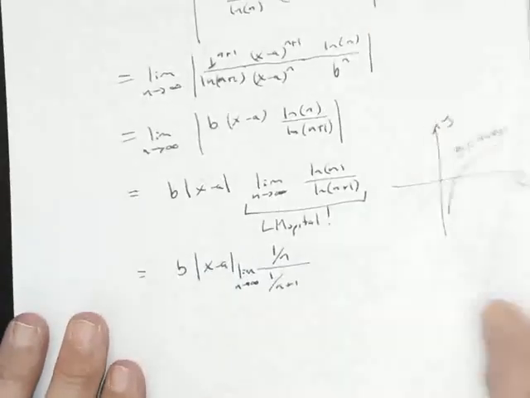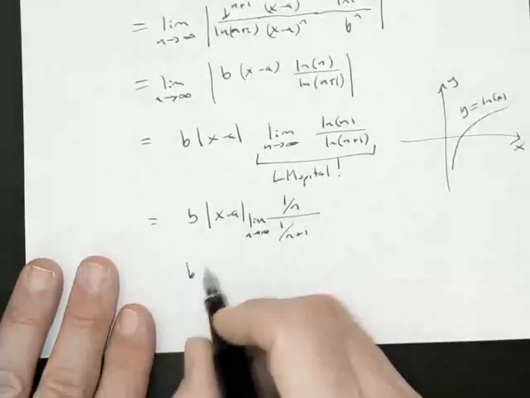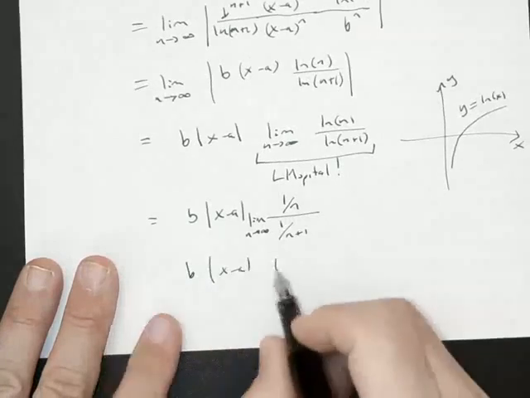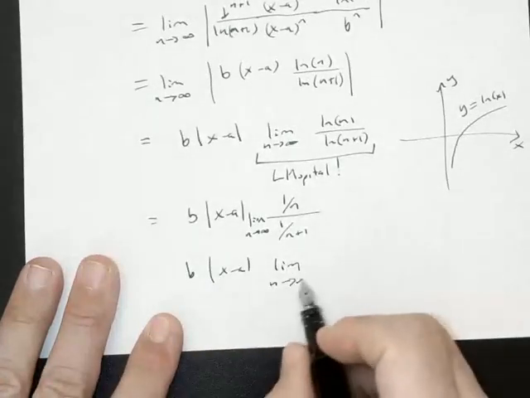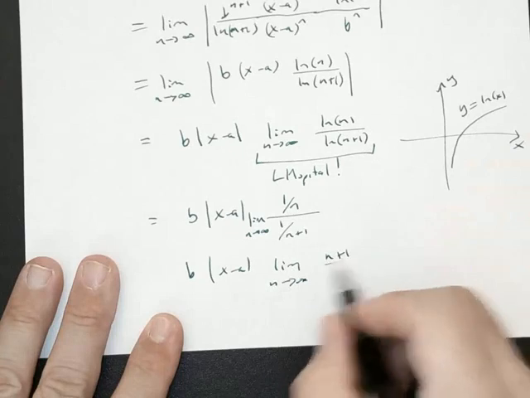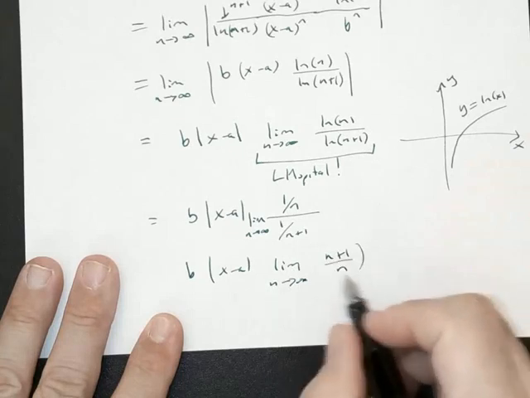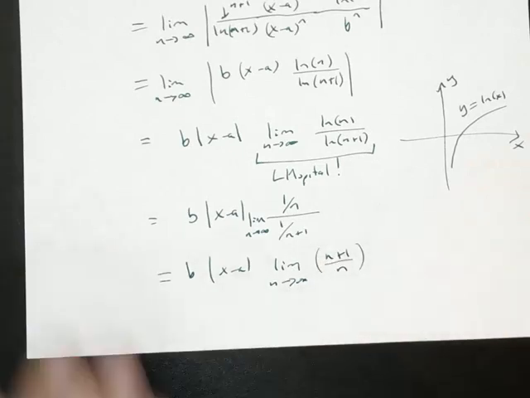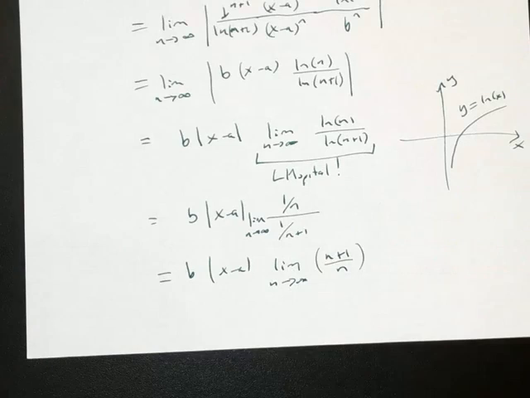Well, wait a minute. That's a fraction within a fraction. Rip it and flip it again. And I get the limit as n goes to infinity of (n plus 1) over n. And that limit is, say again, 1.